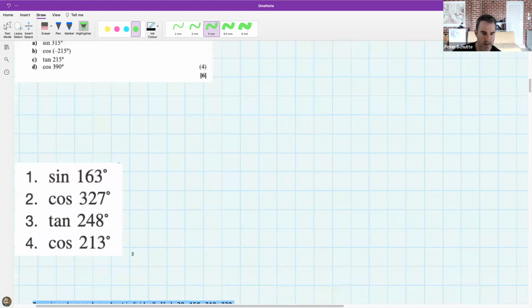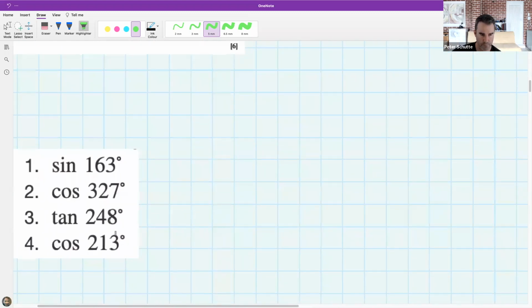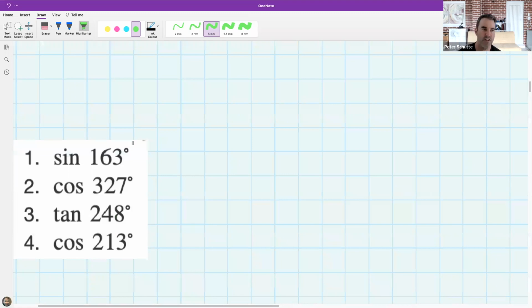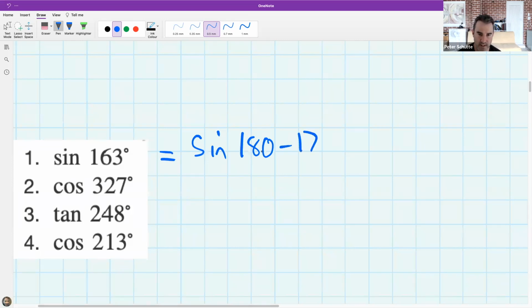So if I said to you, I want to reduce the sine of 163, what I would say is I rewrite it as the sine of 180 minus 17. Now, that is the same value.